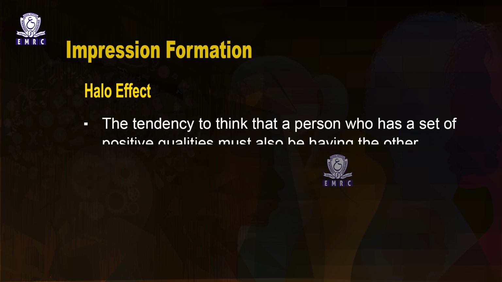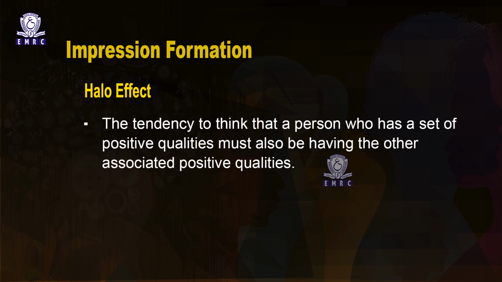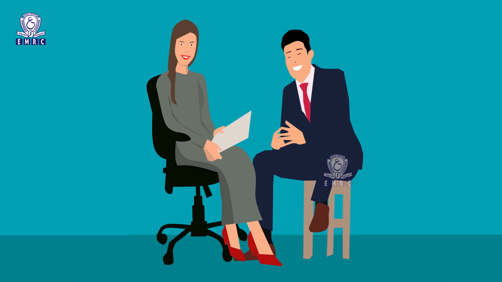The tendency to think that a person who has a set of positive qualities must also have other associated positive qualities. For example, if we think that a person is punctual and well dressed, he or she will be hardworking too.